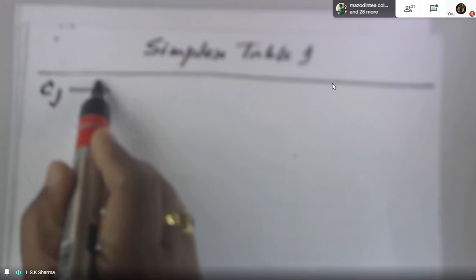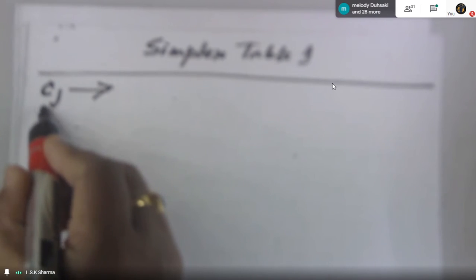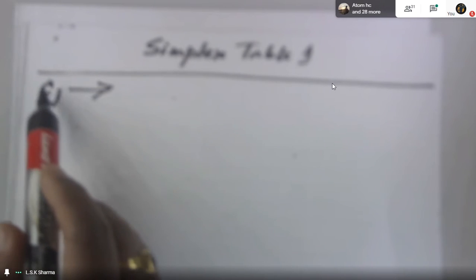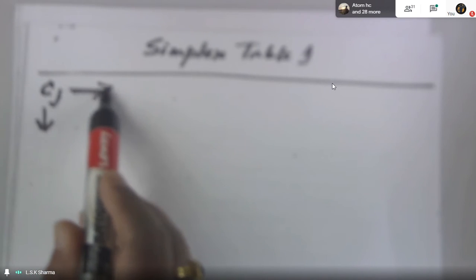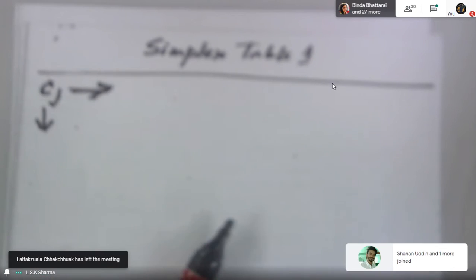Now this is called CJ, and from here you draw one arrow on the right hand side and one arrow in the downward side. So please remember these steps. First, you draw a line on top, then you write CJ in the corner, then you draw an arrow across the row and one in the column.